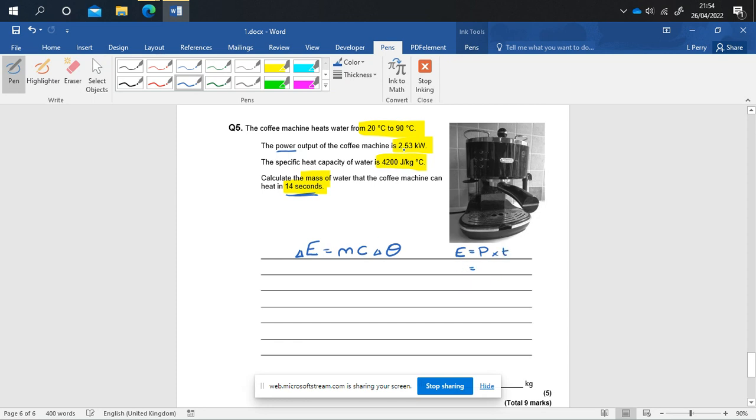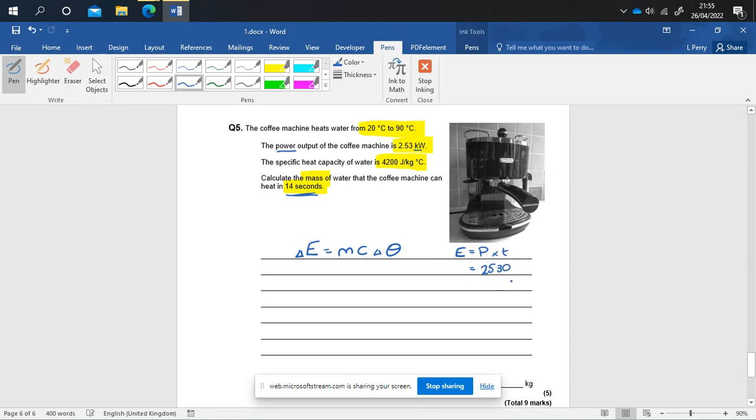Now the power is 2.53 kilowatts. Kilo means 1,000. So it's 2.53 thousand watts. So I'm going to times that number by 1,000 before I put it into my equation. So instead of 2.53, I'm going to write 2530.